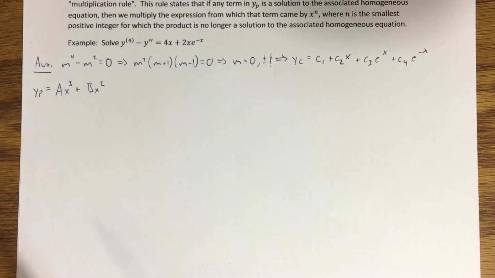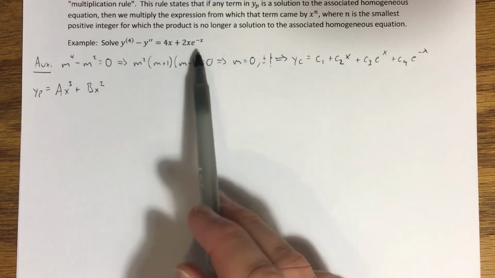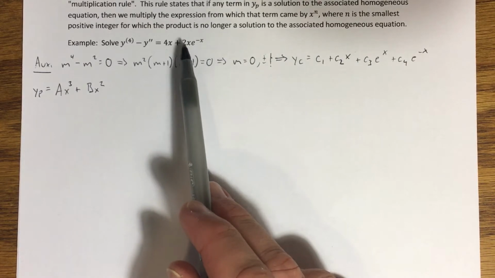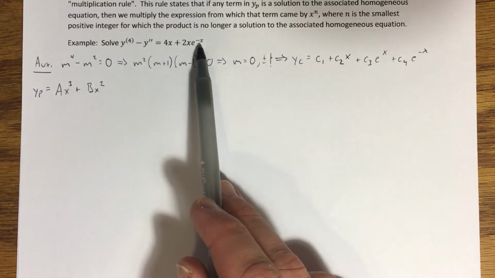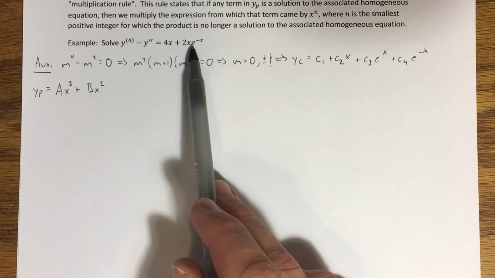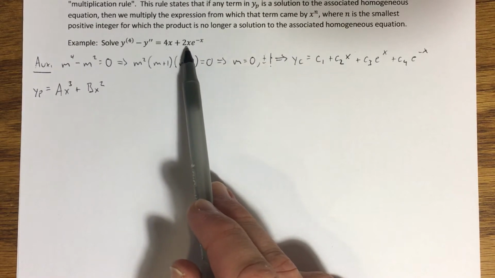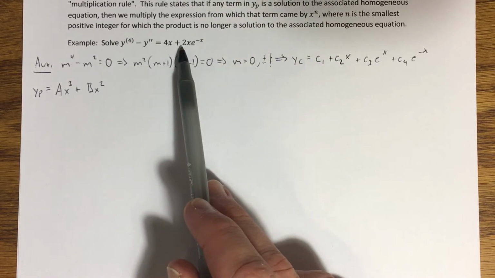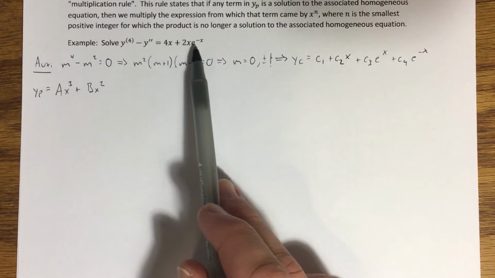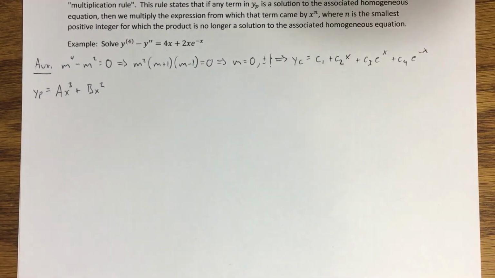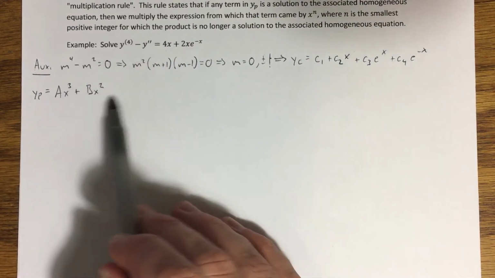Okay? Now let's take a look at the second term here, 2x e to the negative x. Well, we don't really have any issue here. This is a product of a polynomial, 2x, with an exponential function, e to the negative x. So we use the most general linear expression times e to the negative x in our solution.